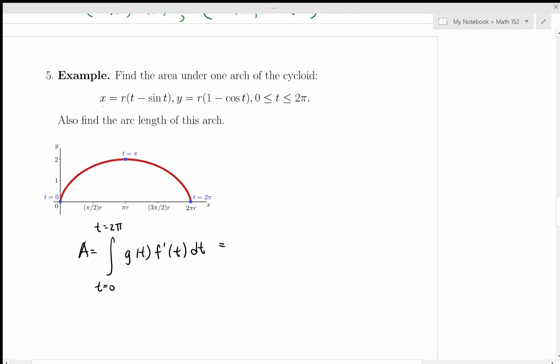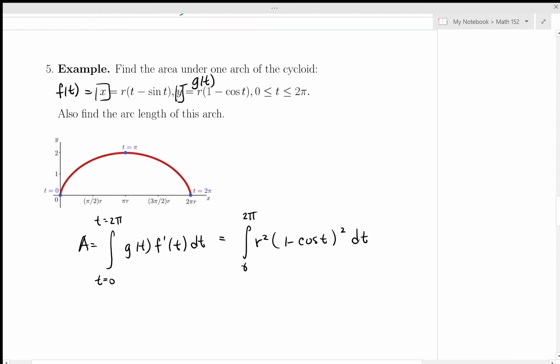We have f of t and g of t, and we use those things appropriately, and we calculate that derivative, and we had gotten to here, 0 to 2 pi r squared (1 minus cos t) squared dt.